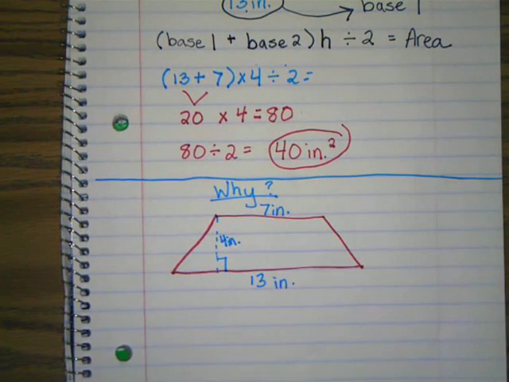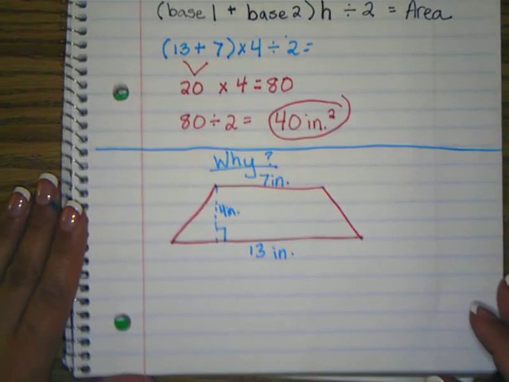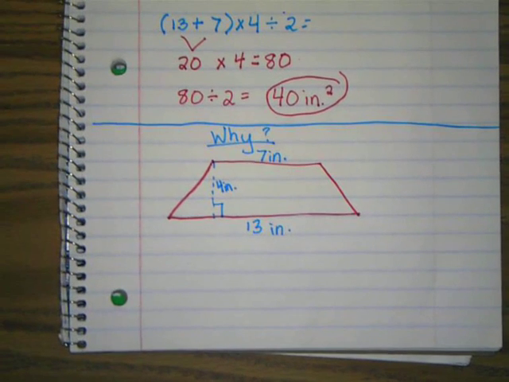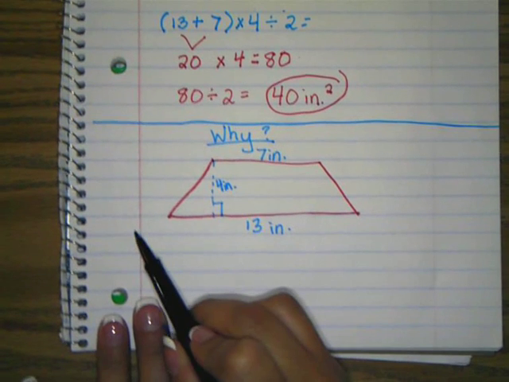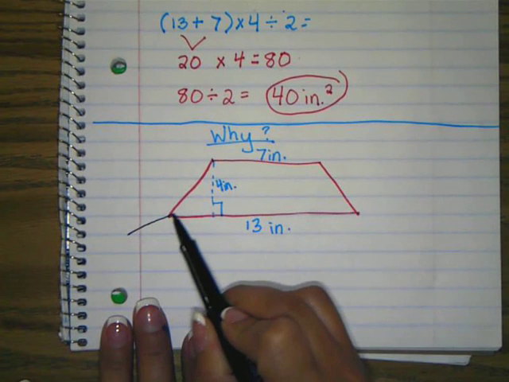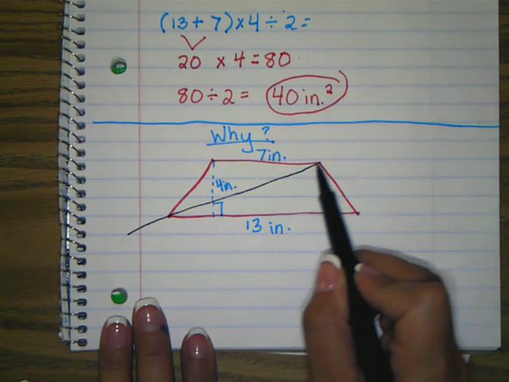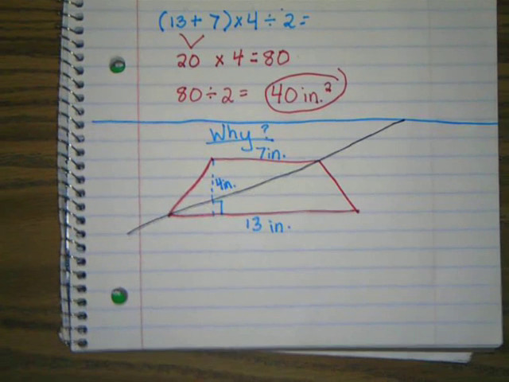Now I'm not saying Rebecca was wrong, because she's right also. But for this example, I'm going to use Jackson's idea. So if you take your pencil and slice your trapezoid diagonally, look up here.